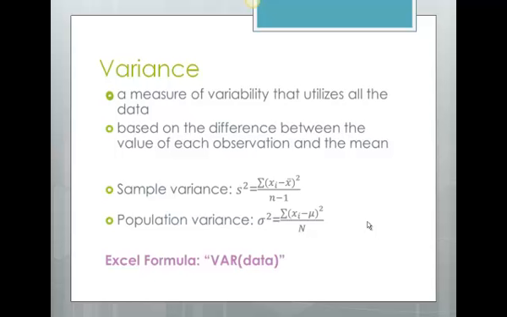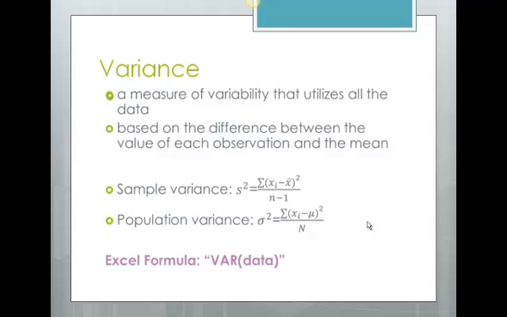So let's break down the formula. We're going to focus only on the sample section, since in very rare cases do we actually deal with an entire population's worth of data. So, sample variance. Let's look at our numerator. We have the sigma, that's the summation sign. That means we're going to add up a whole bunch of stuff. What are we going to add up?